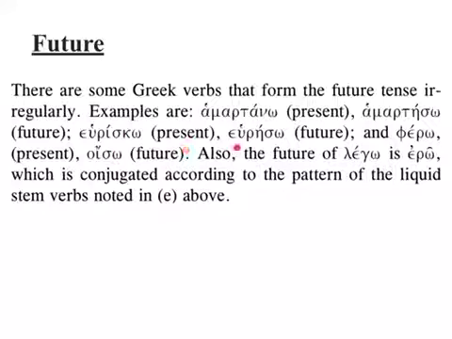Heuriskō is heurēsō, so the iota is lengthened to eta, and the kappa falls out. So there's lengthening and there's some dropping out. I think the kappa drops out because the sigma is added to it, and the iota lengthens to an eta, probably for some contract rule, I don't know. But that's just more in-depth stuff.